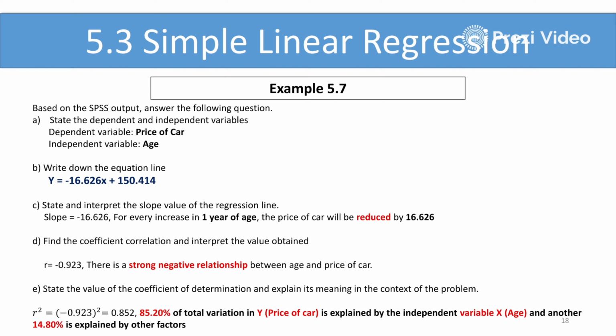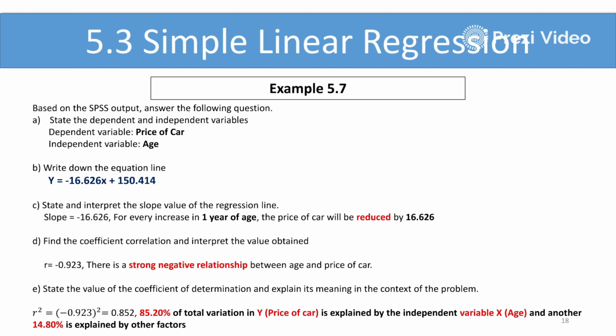And then in the final they love to ask you to state and interpret the value of the slope. Remember that slope adalah nilai B. Nilai B ni dia akan indicate for every increase in 1 year of age. Kita sebut dulu independent variable. Kenapa kita guna 1 year of age? Sebab satu unit untuk tahun dalam data ni adalah tahun. Kita tak guna 1%. So for every increase in, jangan tulis 1 unit of age, kita dah tahu year kan.